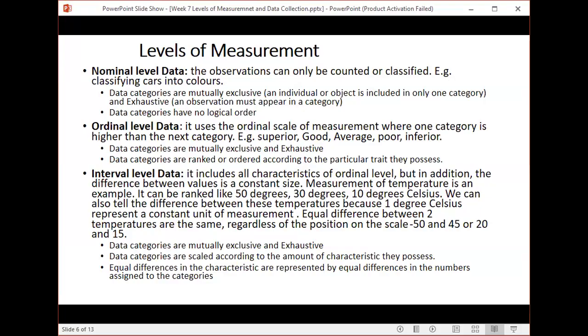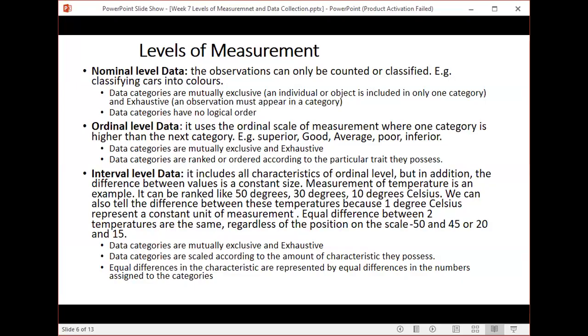An example: I stand in front of, say, the main campus, Tesano, in the morning from 6 a.m. to 6 p.m., and I'm counting cars that pass on that street. What am I doing? I'm counting the cars and classifying them into, say, colors.